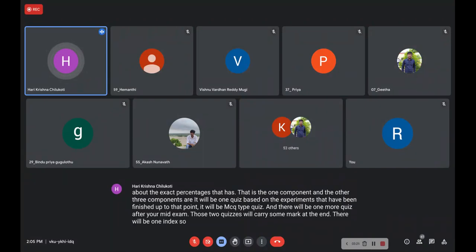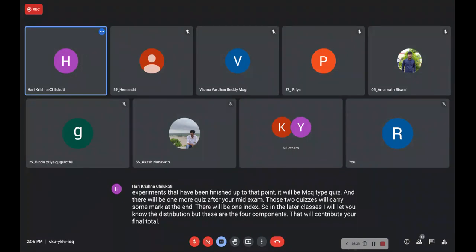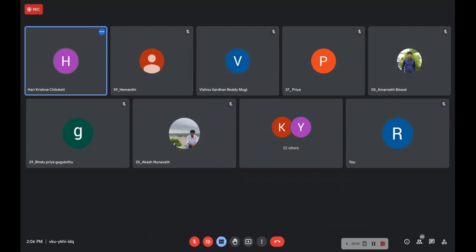In the later classes, I will let you know the distribution, but these are the 4 components that will contribute to your final total.